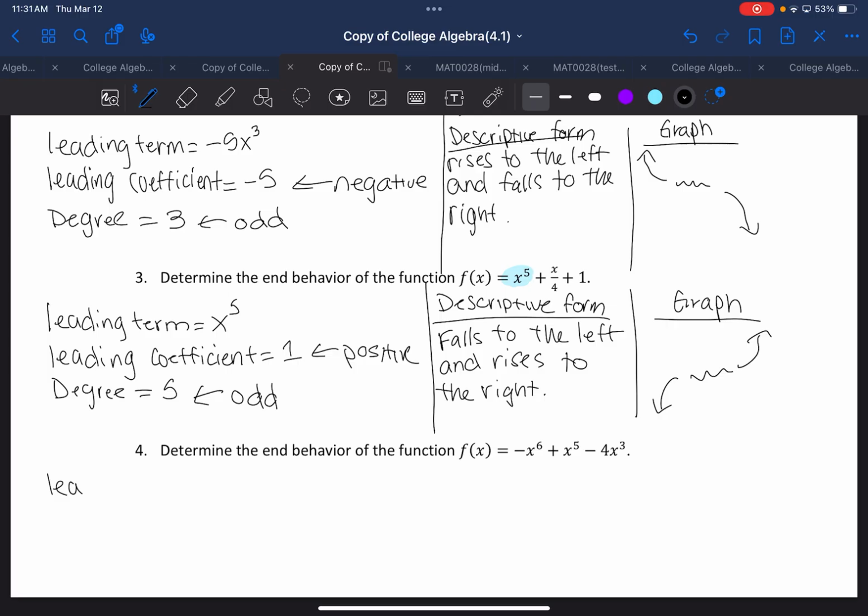My leading term, which again is the term with the highest exponent, is negative x to the 6th power. So what is my leading coefficient? Negative 1. Perfect. And my degree is 6, the highest exponent.